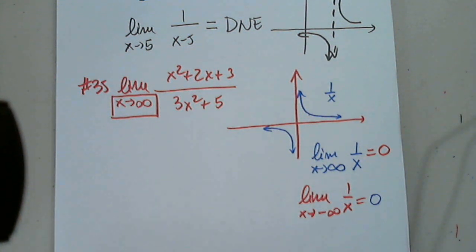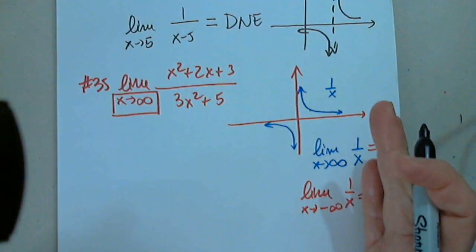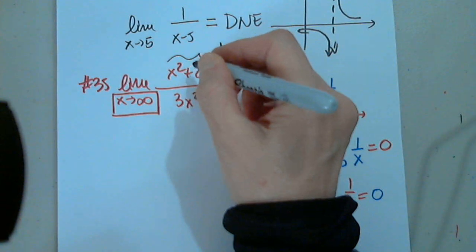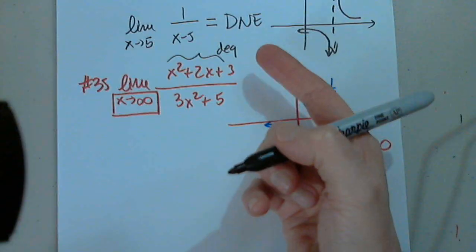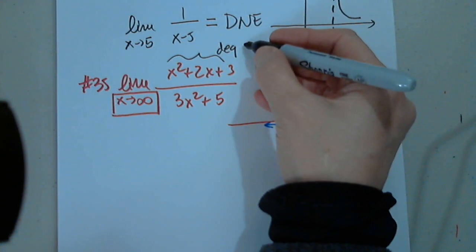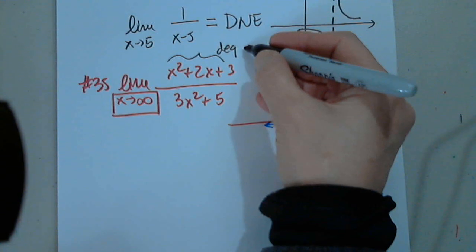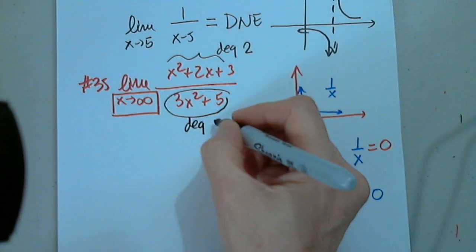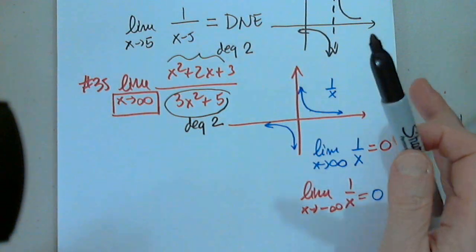In college algebra, I show my students a very simple explanation for this. If the degree of the top, can anyone give us the degree for this? Squared? Yes, degree 2. And can anyone give us the degree for this? 2. Yes.